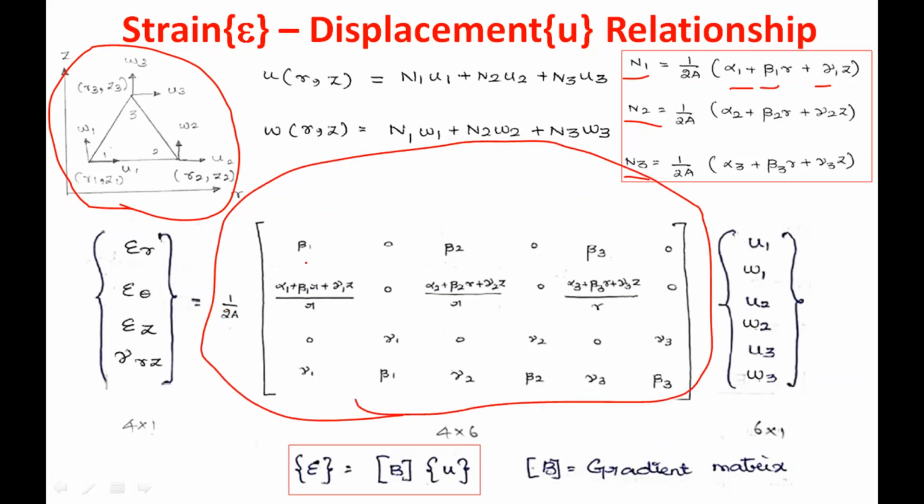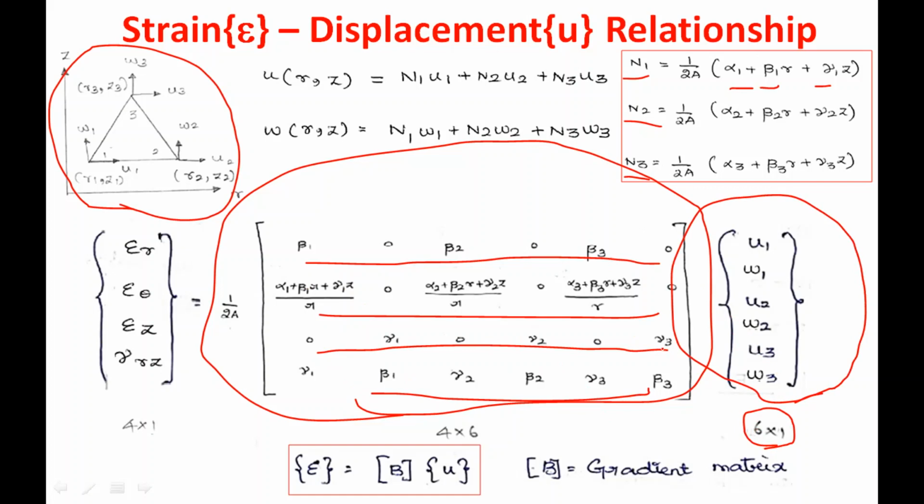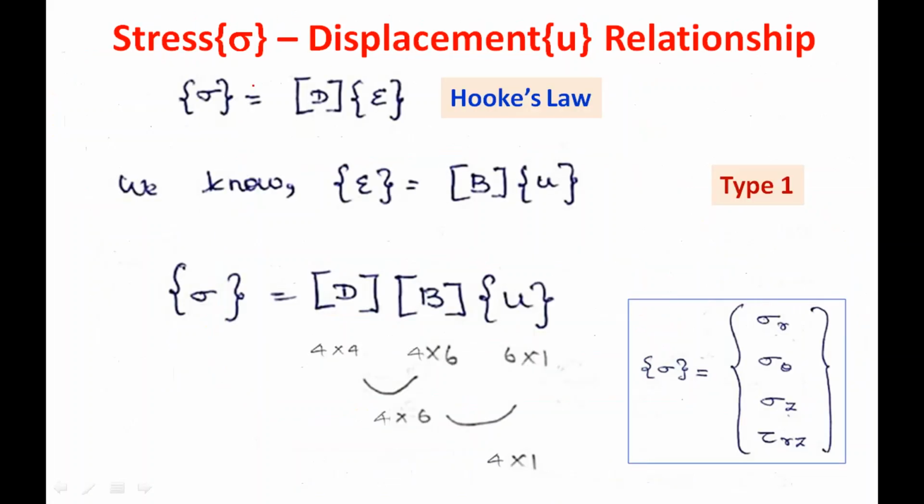Here the first row is for the radial strain, the second row for the circumferential strain, the third row for the longitudinal strain, and the fourth row for the shear strain. The displacement vector should be written in the 6 by 1 form, that we have to know. If you know the D matrix and the B matrix, we can solve problems in the axisymmetric condition.